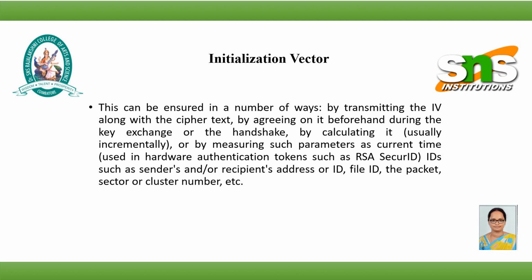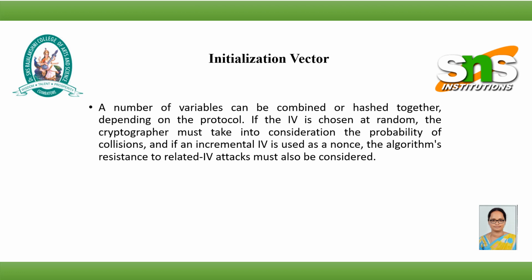This can be ensured in a number of ways: by transmitting the initialization vector along with the ciphertext, by agreeing on it beforehand during the key exchange or the handshake, by calculating it, or by measuring such parameters as current time, IDs such as sender's and/or recipient's address or ID, file ID, the packet selector or cluster numbers, etc. So by using this, we can specify how the initialization vector will work with algorithms.